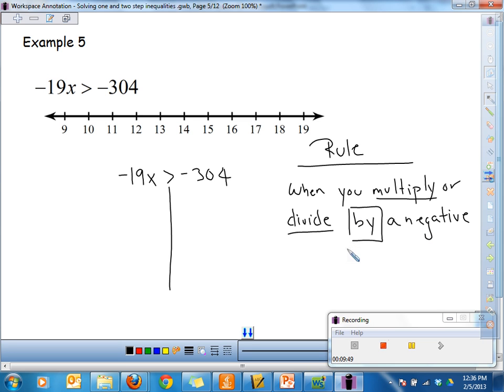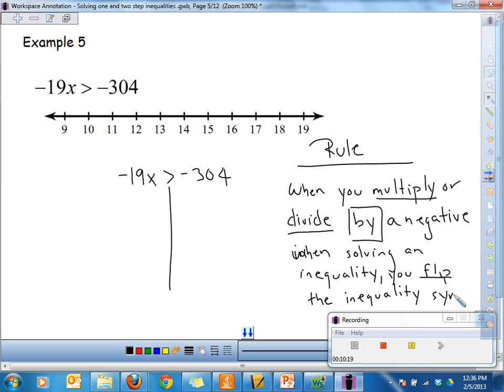When you multiply or divide by a negative, when solving an inequality, you flip the inequality symbol. When you multiply or divide by a negative when solving an inequality, you flip the inequality symbol.